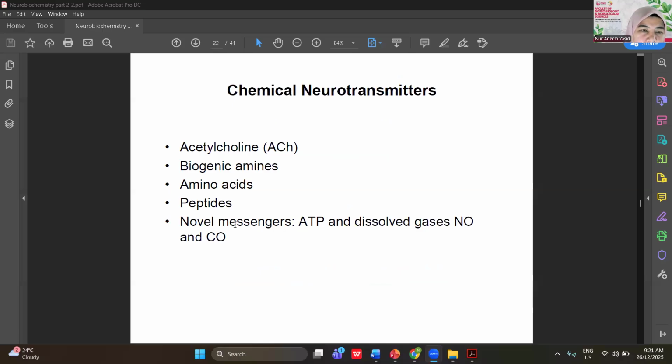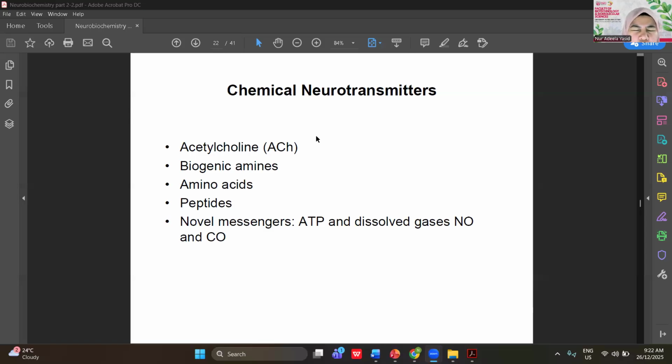So here's a brief explanation about chemical neurotransmitters. Acetylcholine, I think we have discussed that. I think you can add more information about these chemical neurotransmitters and their examples, for example, biogenic amines, which include dopamine, serotonin, norepinephrine, histamine.